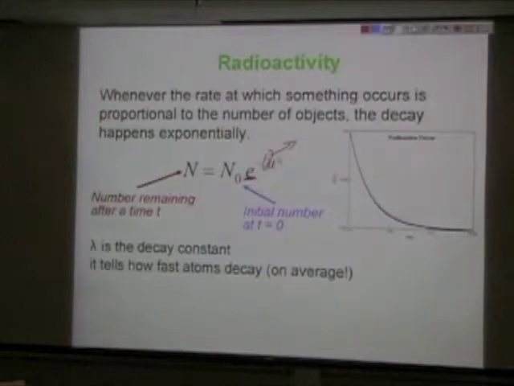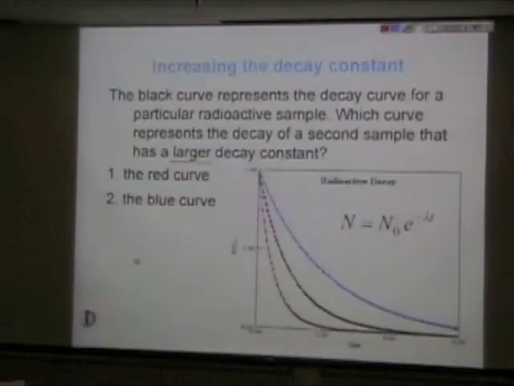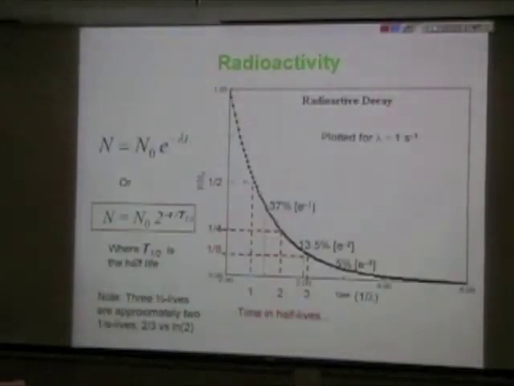However, we could write the same law differently. I'm just going to show it. We could write the same law in terms of the base 2. And now, instead of using the decay constant, we would be using the half-life. Basically, what it says is, you start from the initial number. If you wait one half-life, you get left half of that number.